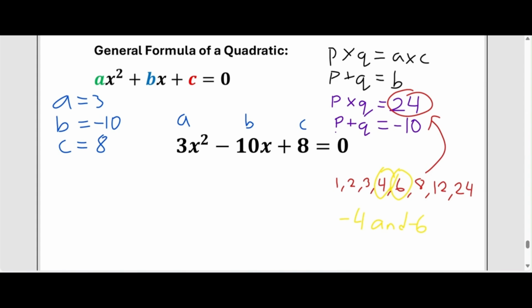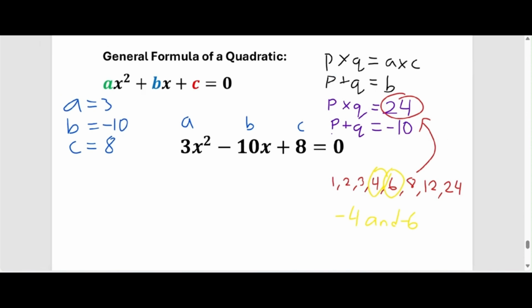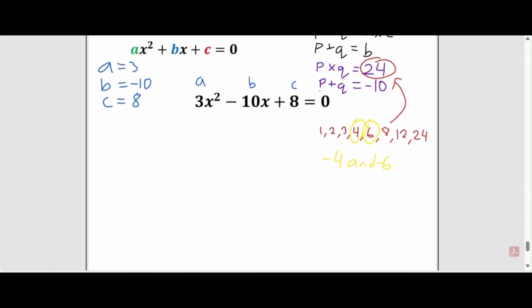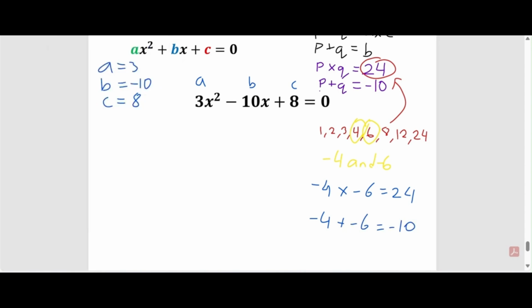To prove that this case stands, -4 times -6 would equal 24, which satisfies p times q equal to a times c, and -4 plus -6 is equal to -10, which satisfies p plus q equal to b.